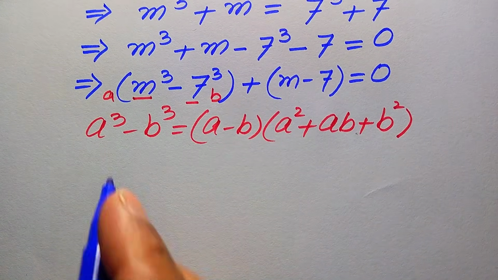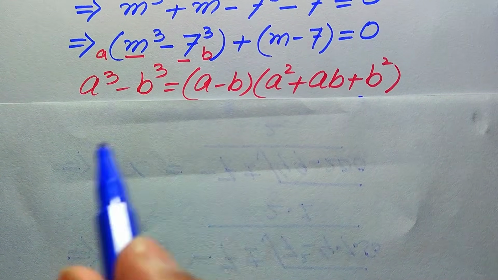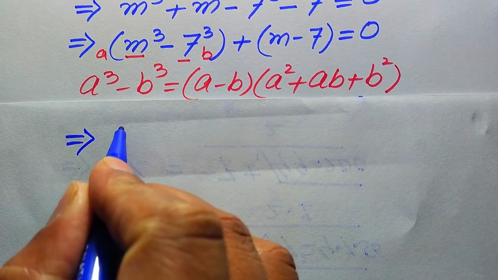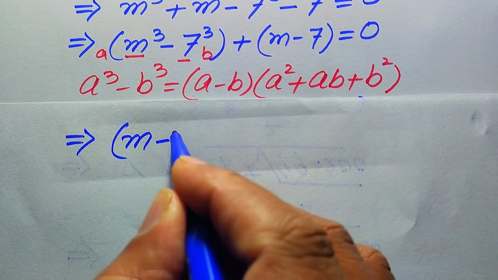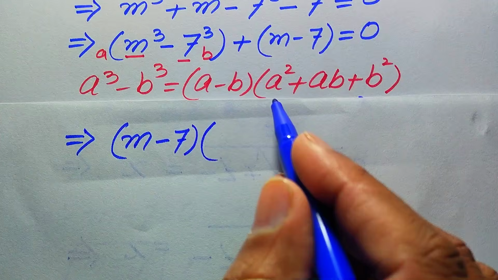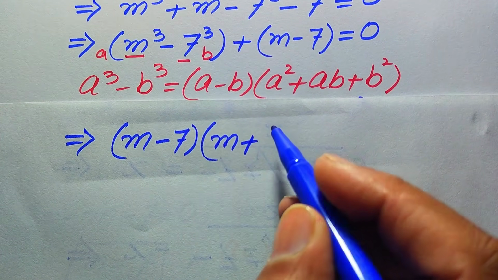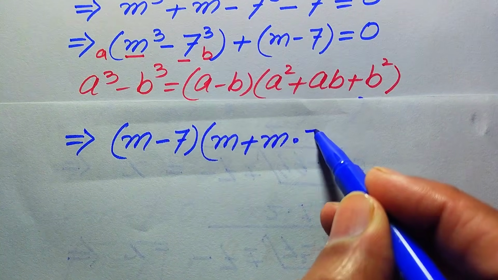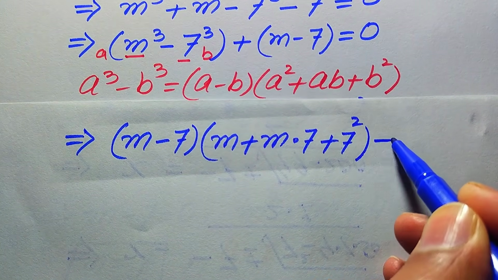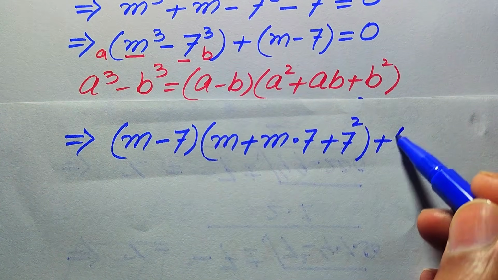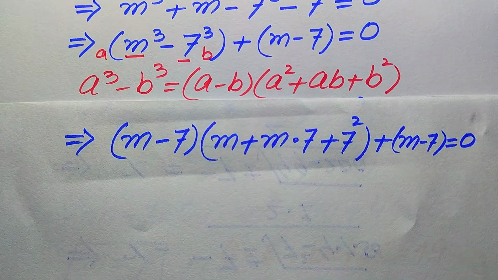Applying this formula to the first term, the first factor is a minus b, where a is m and b is 7, times a square, which is m squared, plus ab, which is m times 7, plus b square, which is 7 squared, and plus we have the other term, m minus 7, and this whole equation equals 0.